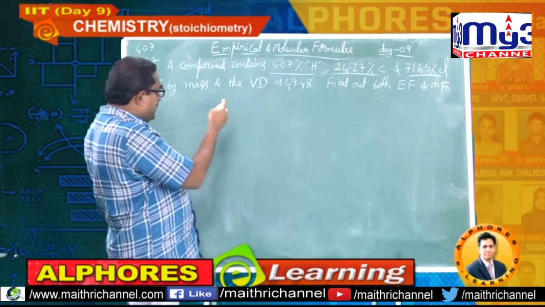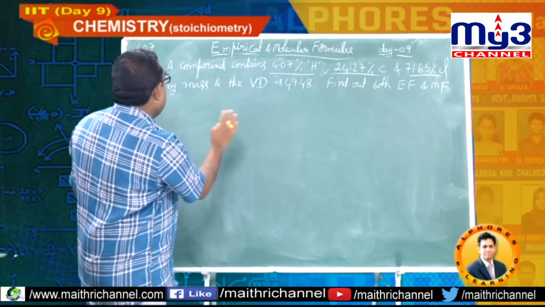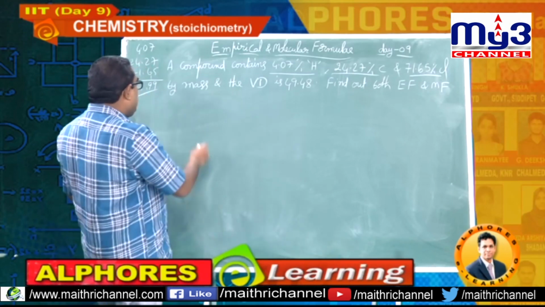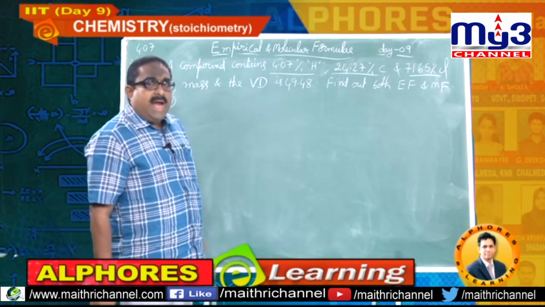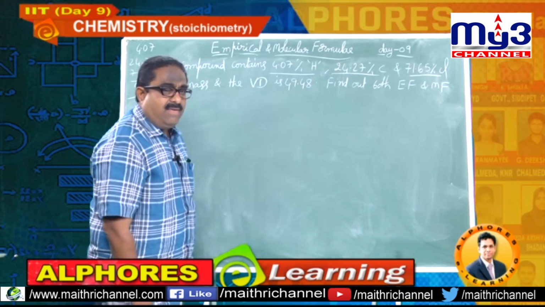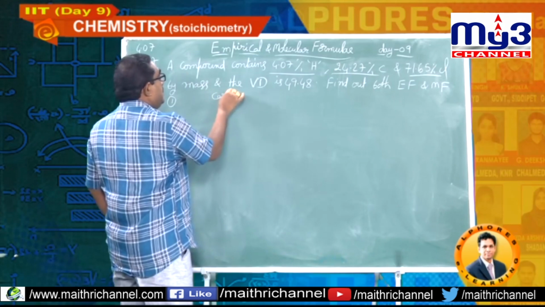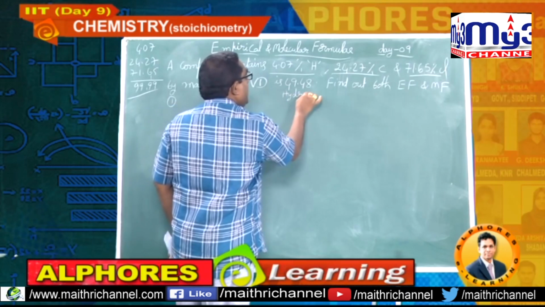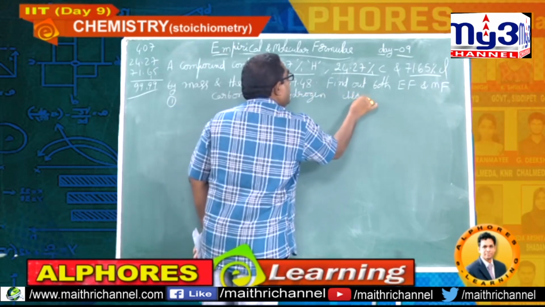I think for CBSE background students it was already covered in school itself. Anyway, let me discuss the systematic procedure. First step, I have to write the respective compositions of the elements given by mass. First I am going to write carbon, keeping a small heading here, and hydrogen, and then chlorine.